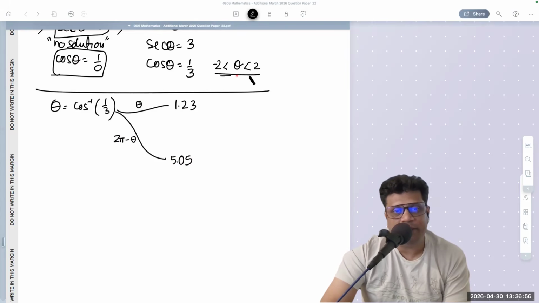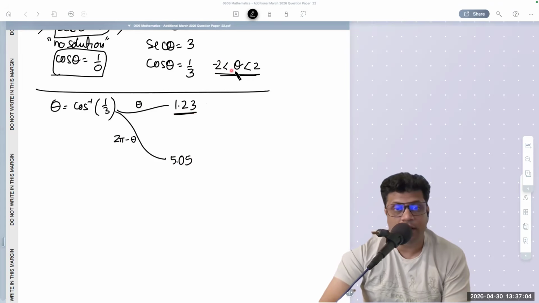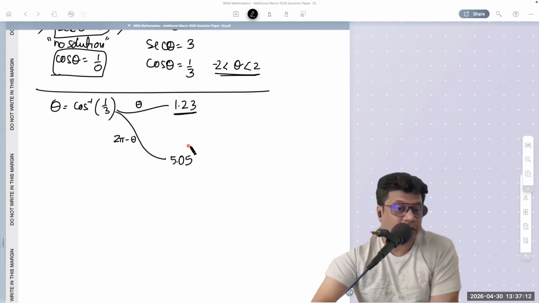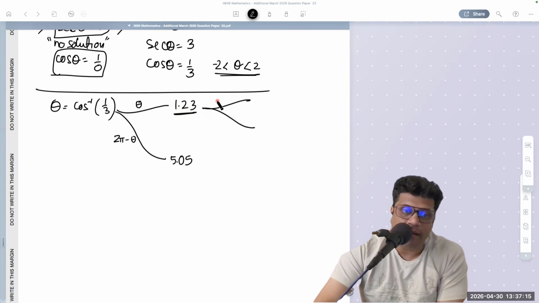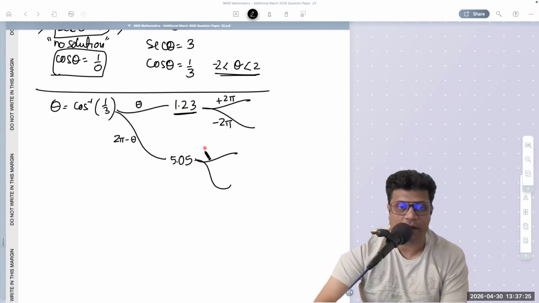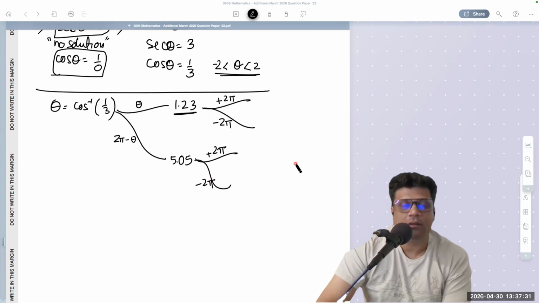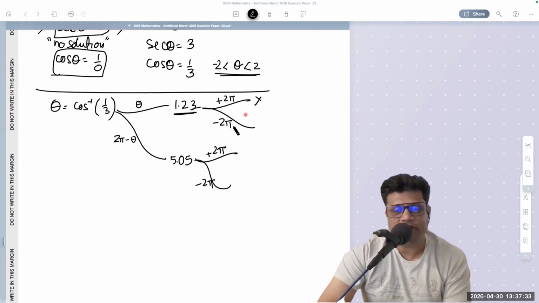Well, theta needs to be between 2 and minus 2. Well, this one is in the domain. I can go to a negative 2 as a negative value of theta. So I'm going to go fetch more results. And again, I'll rotate them plus 2 pi, minus 2 pi. Same on this, like I did a plus 360 and minus 360 on the previous one. Well, this will not fetch me anything.